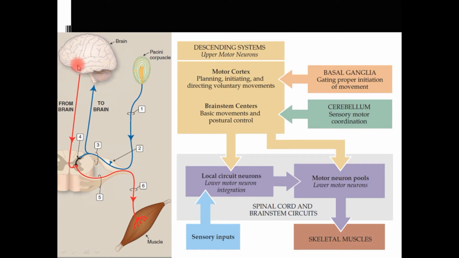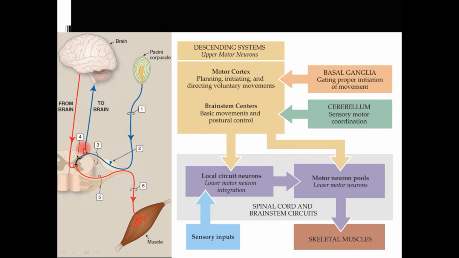From these areas where the cell body is located, arises the neuron axons, and then this sends the axon downwards to the spinal cord, where it forms the second aspect of our motor system, that is called the local circuit of neurons.